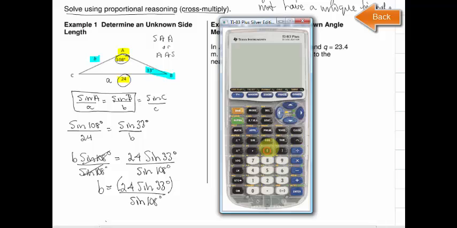So I'm going to go bracket 24 times sine of 33 bracket, and then close the bracket off so that your whole numerator is within brackets, and then divide it by sine of 108, enter, and I'm going to round to the nearest whole number. I will choose that because both angles in my triangle are whole numbers, and so is my side. So side B then is equal to about 14.